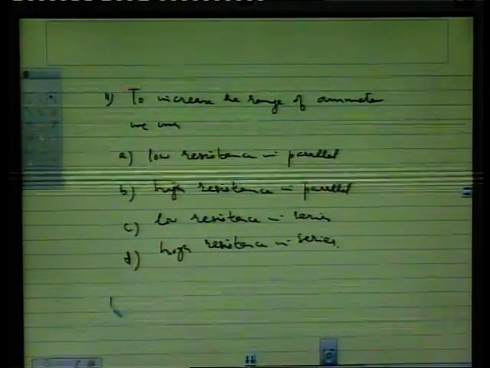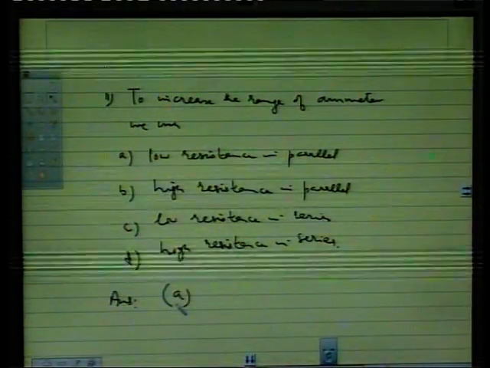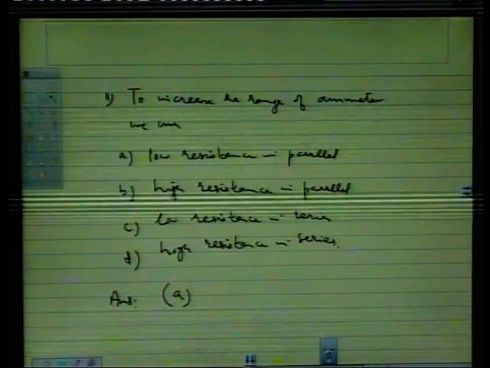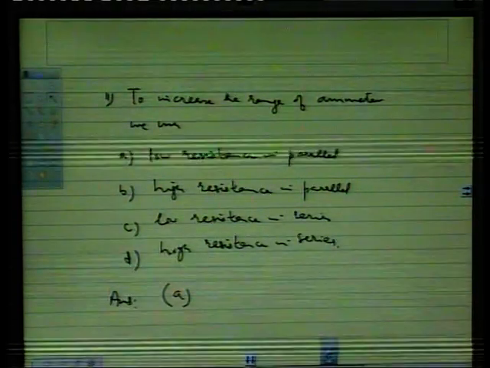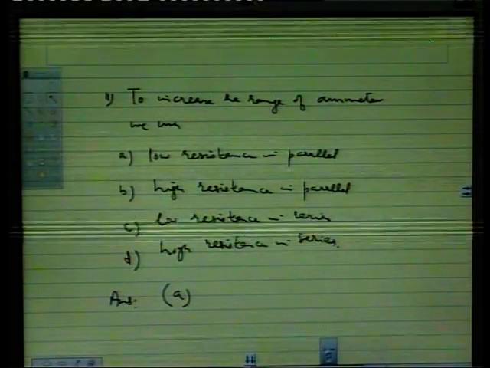The correct answer is A, that to increase the range of ammeter we will have to connect a low resistance in parallel with the ammeter.